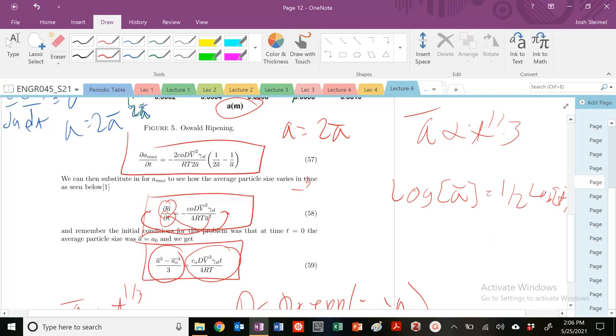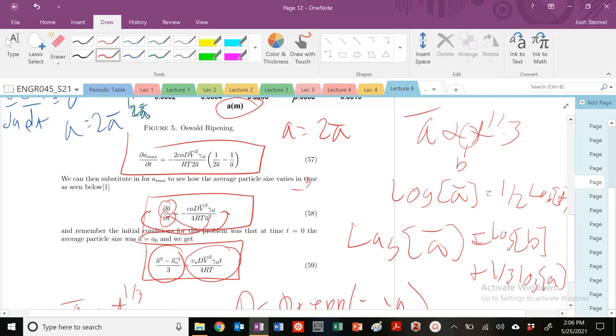And if there's some prefactor next to this, let's call it b, it's just going to have the form log a bar equals log of b plus 1/3 log of t, time. So that's the form.